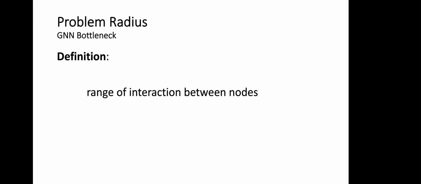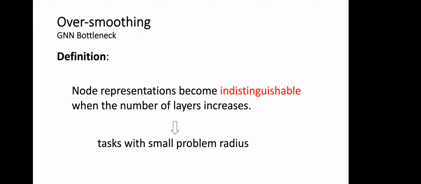In practice, GNNs were observed not to benefit from more than a few layers. The accepted explanation for this phenomenon is called oversmoothing. The definition of oversmoothing is that the node representations become indistinguishable when the number of layers increases. However, oversmoothing was mostly demonstrated in short-range tasks.